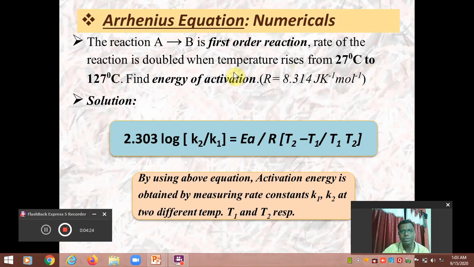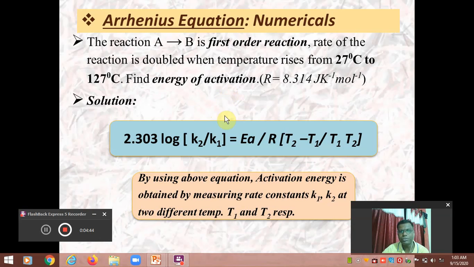In this numerical we have to calculate the energy of activation, and for that purpose the value of the gas constant R is provided, and that is 8.314 joule per Kelvin per mole.